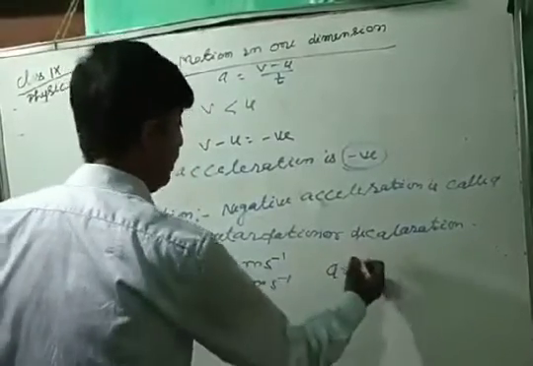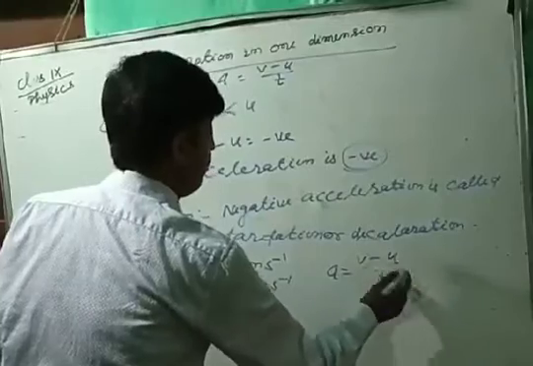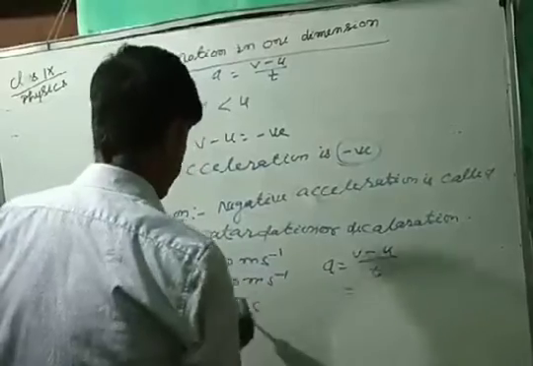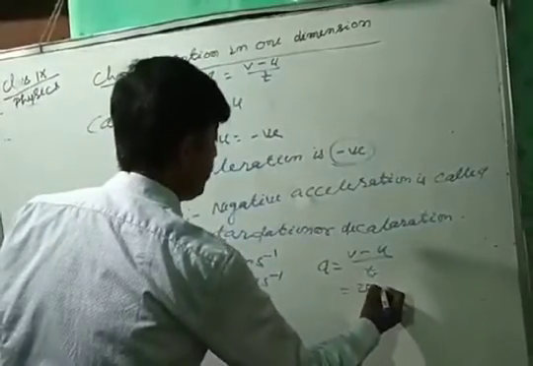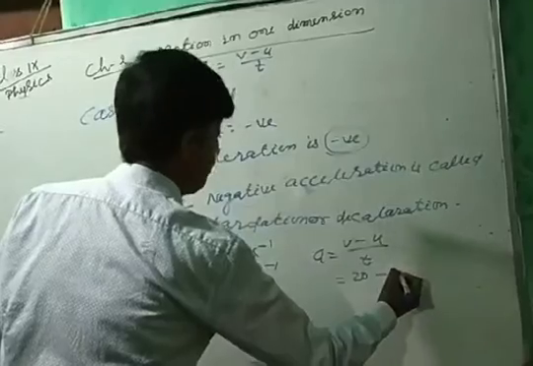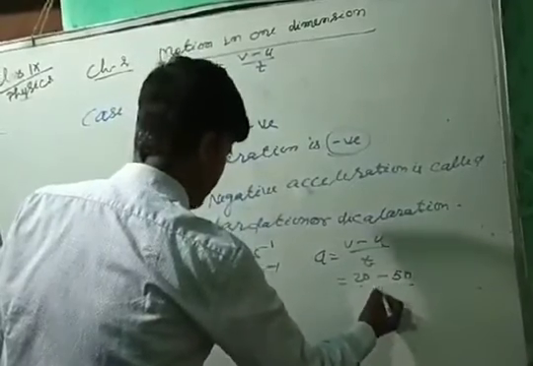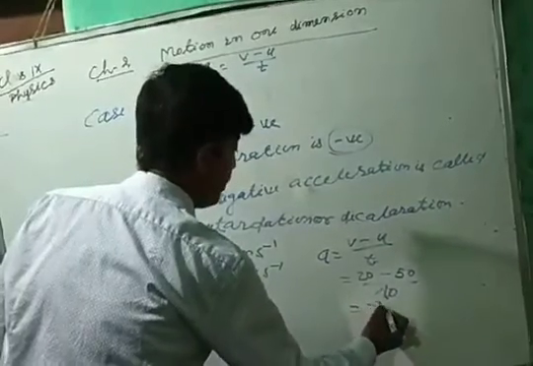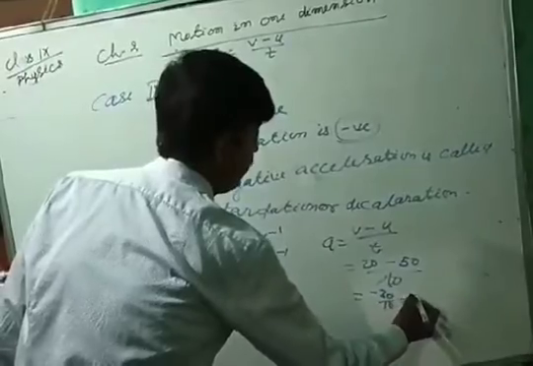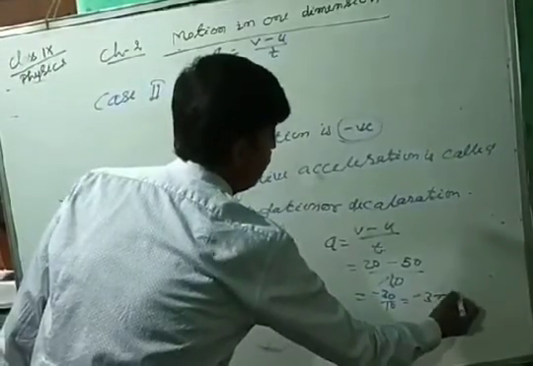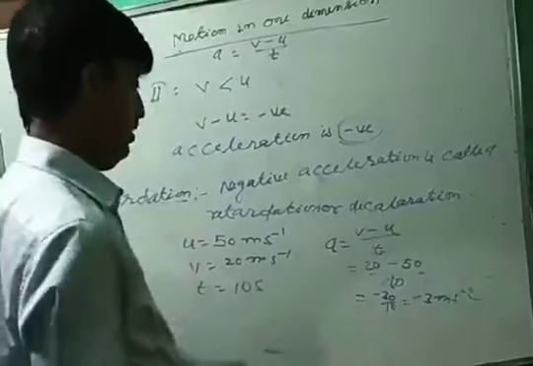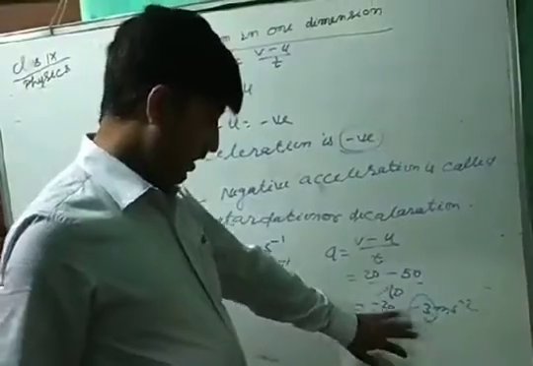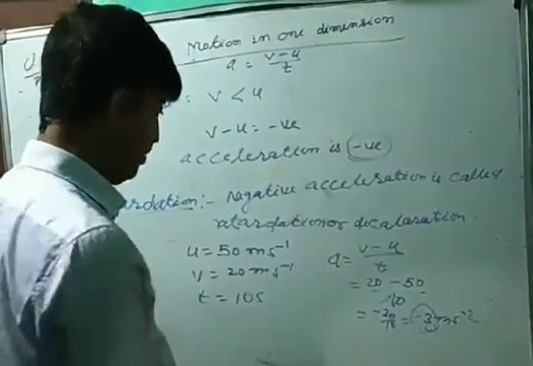Acceleration is final velocity minus initial velocity by time, which is minus 30 by 10, equal to minus 3 meter per second squared. Here the acceleration is negative, so it is a case of retardation.